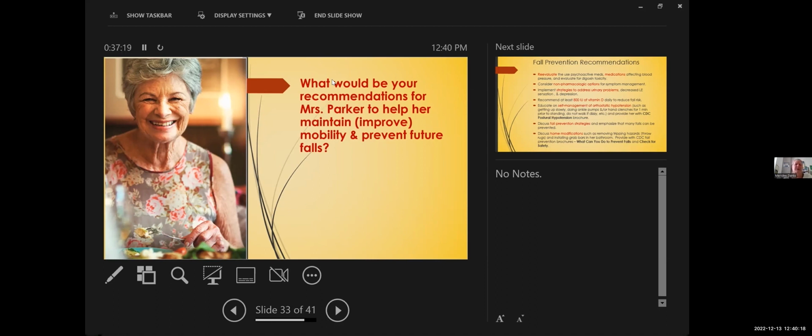Definitely the medication assessment. I would totally agree on that. That's a lot of medications and a lot of medications that could do it. Maybe refer her to physical therapy for her strength, her osteoarthritis, to get her less fearful of falling, doing some balance activities. Ask the physician maybe to discontinue meds that might not be needed.